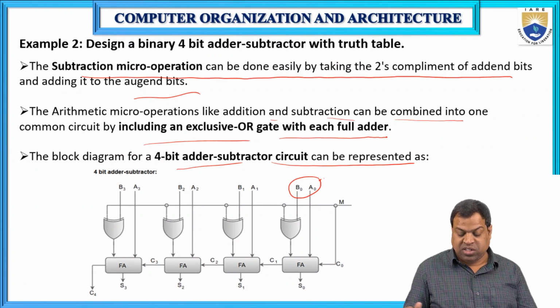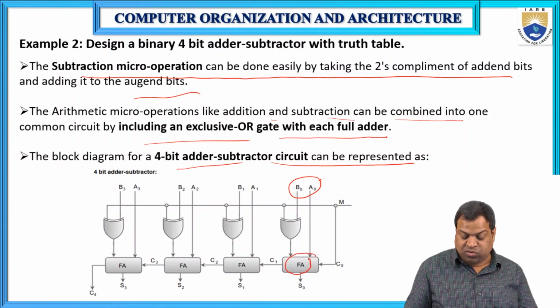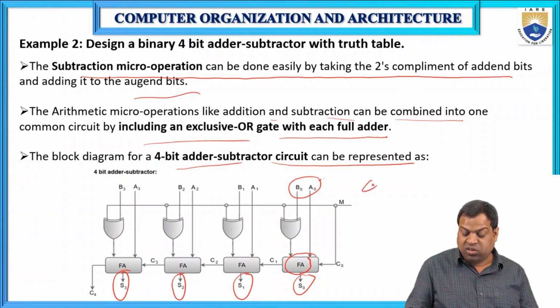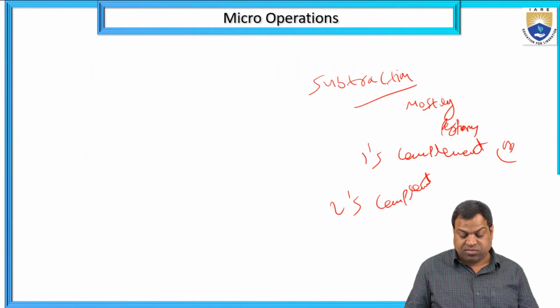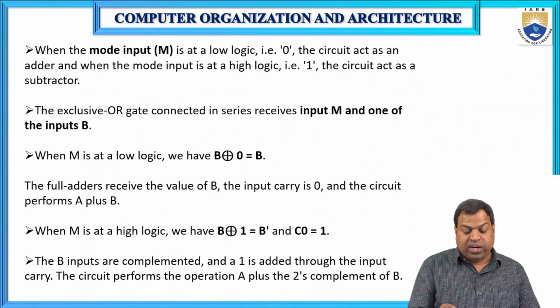It can be represented. So previously we discussed full adder S0, S1, S2, S3. I am taking here 4 full adders and A0, B0, A1, B1 like this. So we are adding with the subtracting value here. So a 4-bit adder subtractor. When the mode M is low, logic 0, the circuit acts as an adder.